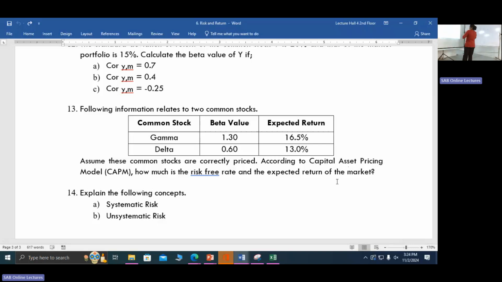If you apply the capital asset pricing model for gamma, 16.5 is equal to the risk-free rate of return plus beta, which is 1.3, into this difference, which we defined as the market risk premium.